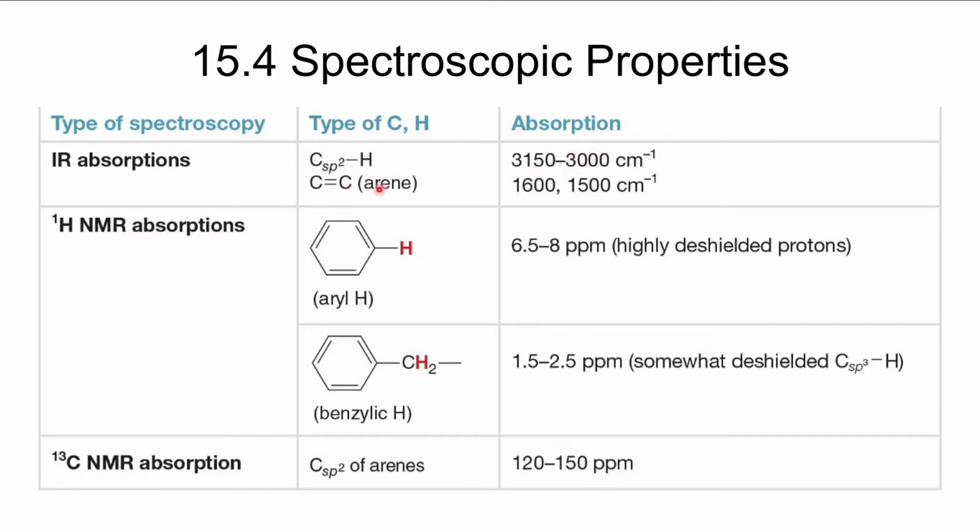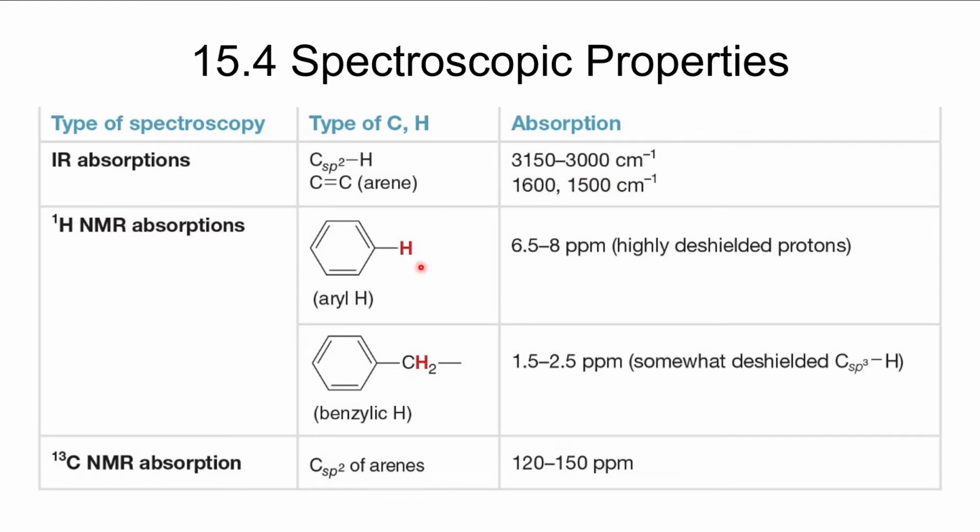And then we have 2 absorptions that are associated with benzene rings, with phenyl rings, aryl rings, arene, however you want to call it. And those are two peaks that are at 1600 and 1500 reciprocal centimeters. Remember that these numbers can be within about 15 or 20 of that number and still be valid. It just depends on what's attached to it that will affect where they are.